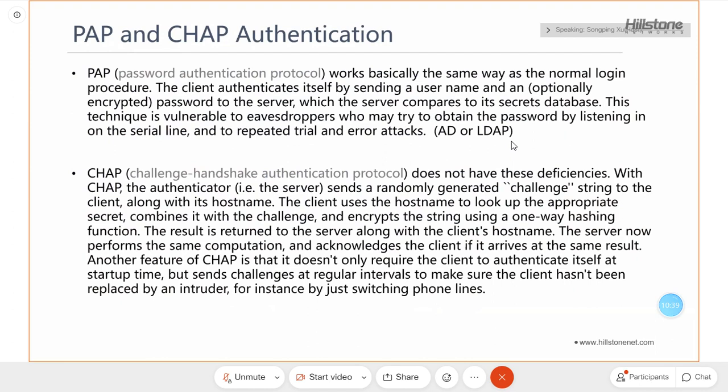Along with the host name, the client will use this host name to look up the appropriate secret, combine it with the challenge, and encrypt this string using one-way hashing, and this result will be returned to the server, together with the client's host name, and the server will perform the same calculation and acknowledge the client if it arrives at the same result.